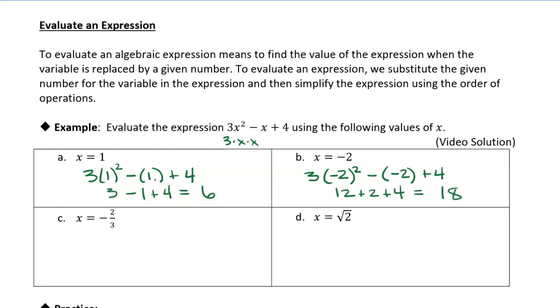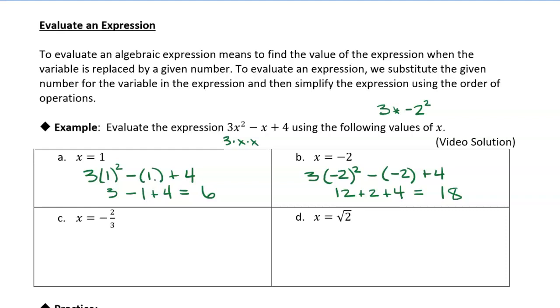The reason I'm emphasizing this is I see one common mistake people make if you type that into your calculator. People would type in 3 times negative 2 squared, and that's going to give you the wrong number, because typed this way, the calculator thinks you just want to square the 2, not including the negative.